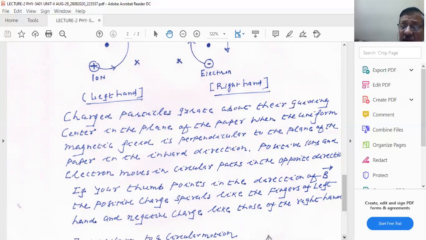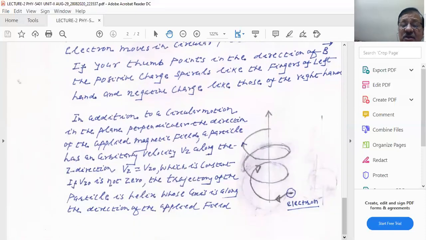Now, in addition, I'm sorry that the drawing is dirty, but please excuse me. Here, this is your applied field, and your particle is gyrating. This is an electron moving in a clockwise direction.